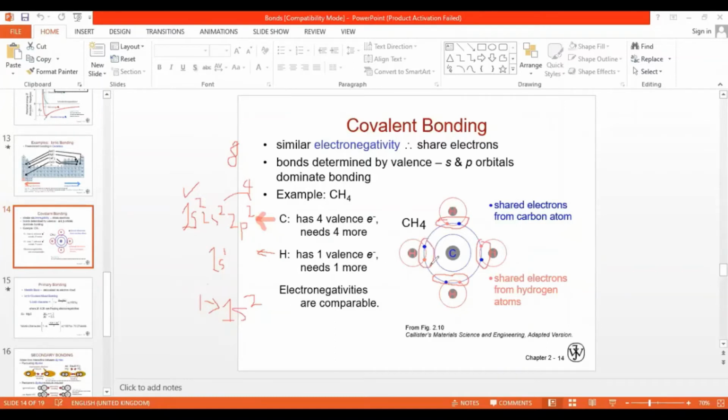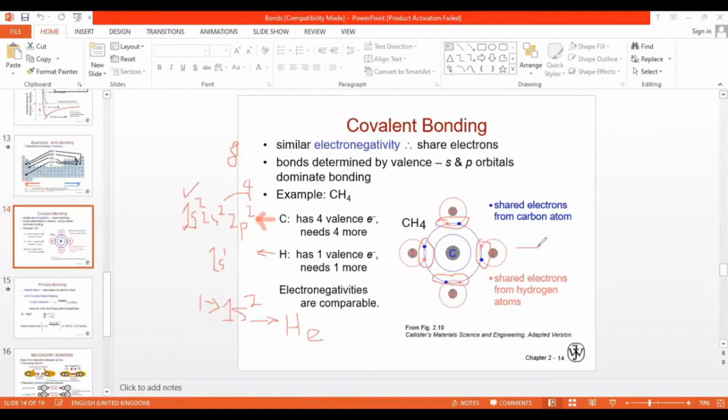So now all hydrogens achieve the 1s2 stable energy level. 1s2 is helium's electron configuration, which is so stable. If you see carbon, it has 1, 2, 3, 4, 5, 6, 7, 8 electrons.